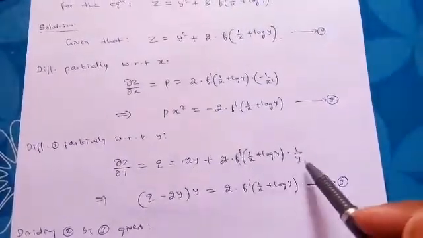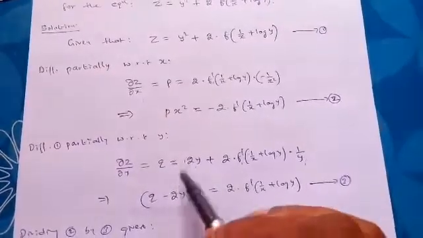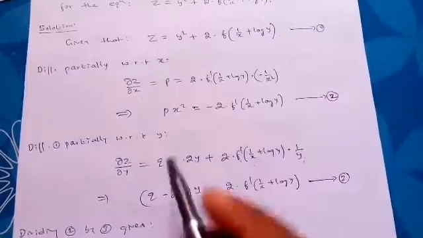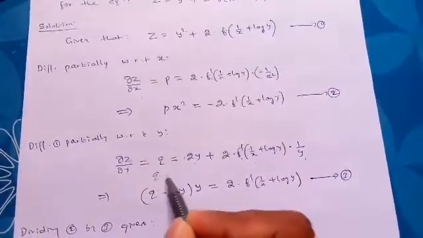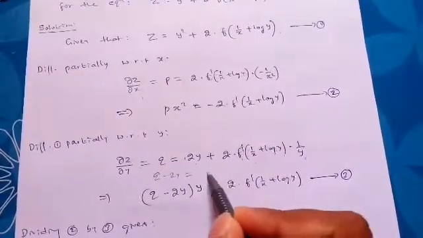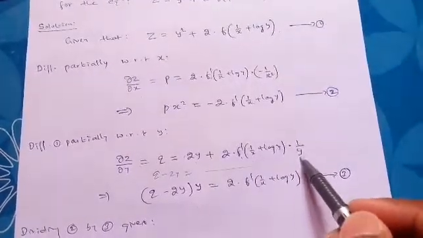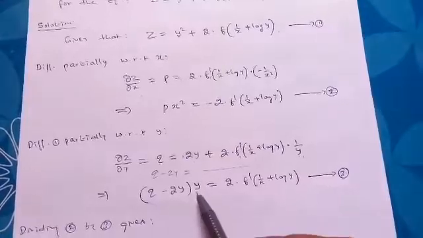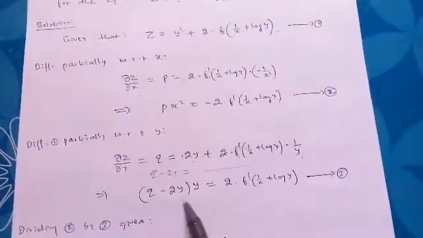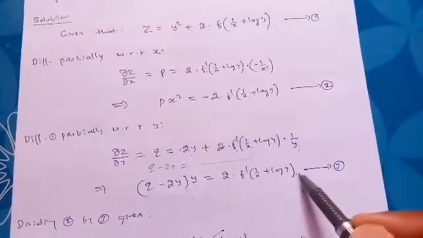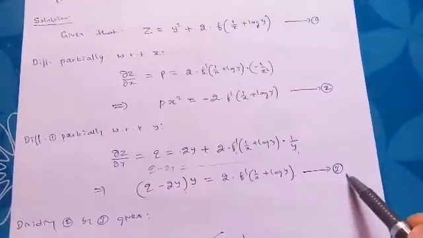Here cross multiply this, transfer this 2y to the LHS, so it becomes q minus 2y equal to the remaining terms, 2 into f dash of 1 by x plus log y, and in the denominator we have y. Cross multiply this term to the LHS, we get q minus 2y into y equal to 2 into f dash of 1 by x plus log y, call it equation 3.